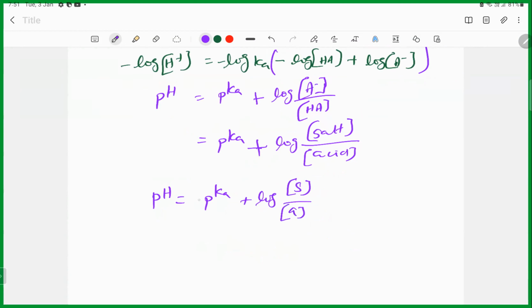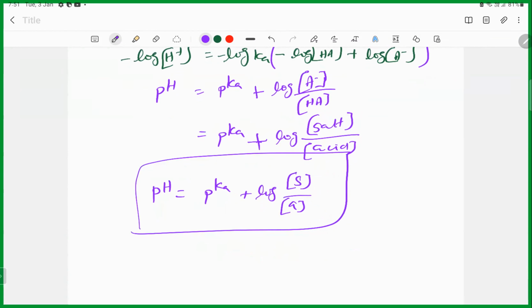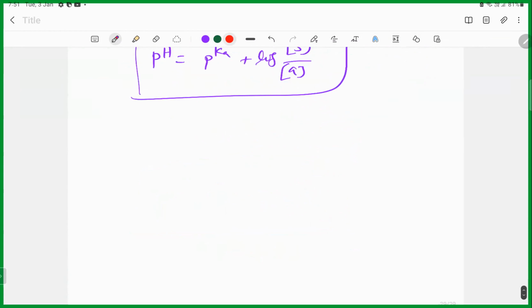So if you are working this out for a base, let's take an example, ammonium hydroxide. If we take ammonium hydroxide, it dissociates into NH4 plus ion plus OH minus ion.